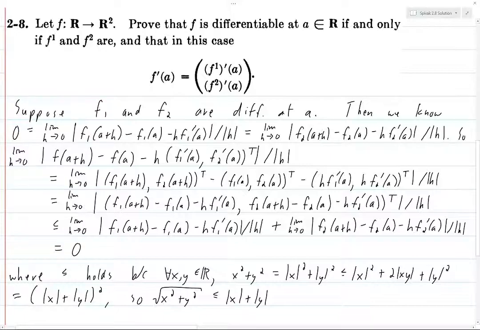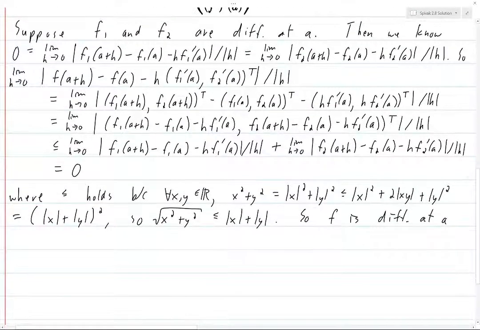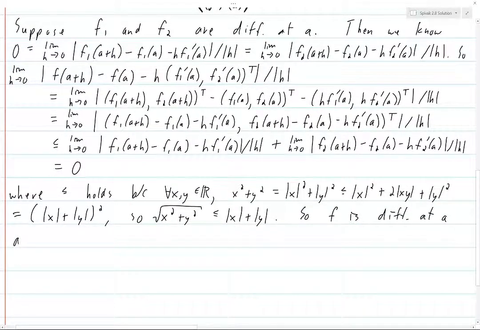Then we broke it up into two sums, and then we took the limit and we got 0, precisely because f1 and f2 are differentiable at a. So by definition, these limits are 0. So f is differentiable at a, and furthermore, f prime of a equals f1 prime of a, f2 prime of a transpose.